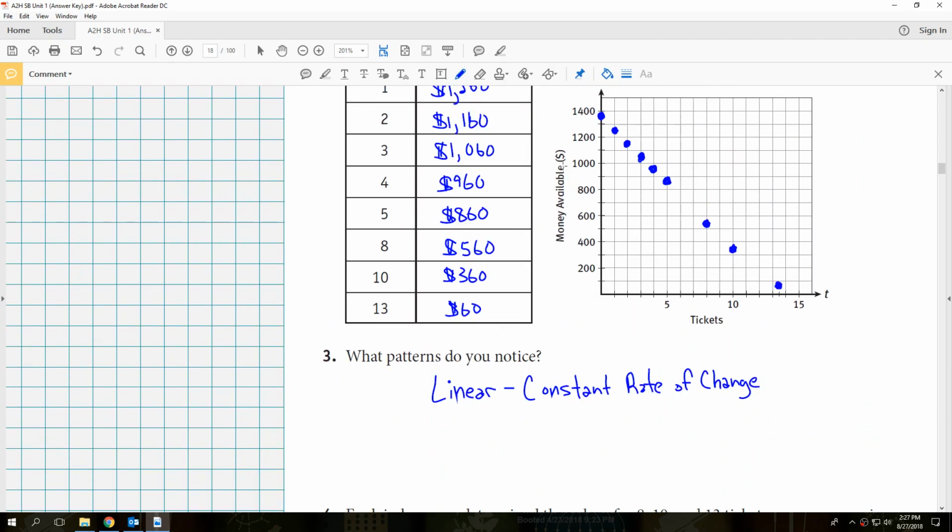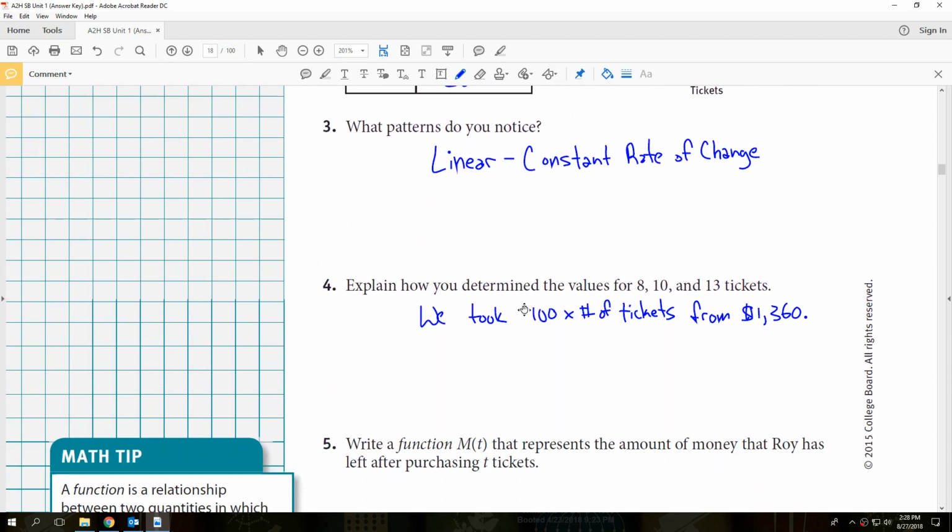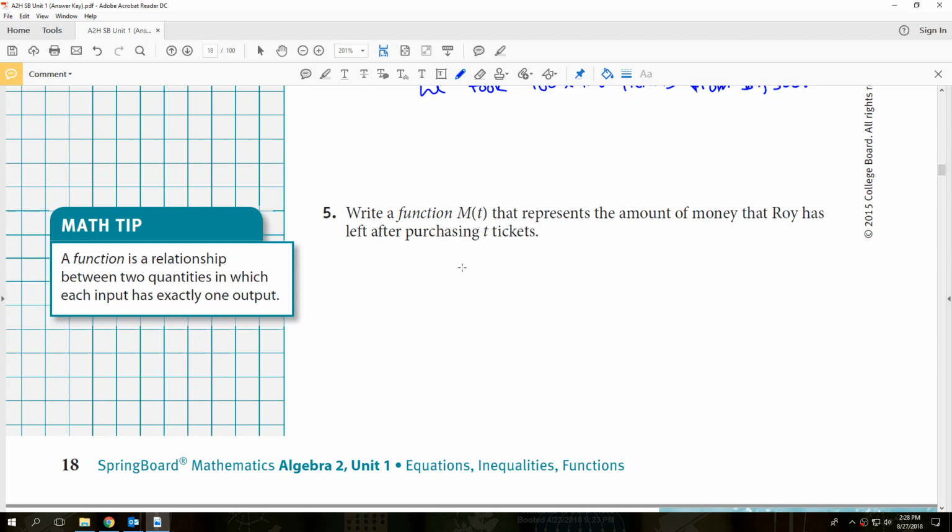So we pretty much explored this in all kinds of different ways here, and so let's go ahead and write our function. So we have m of t is equal to, and this can be written in a few different ways. You could write it like this, 1360, which is our original cash, minus 100 times the number of tickets, right? Every time we're subtracting off 100 for $100.